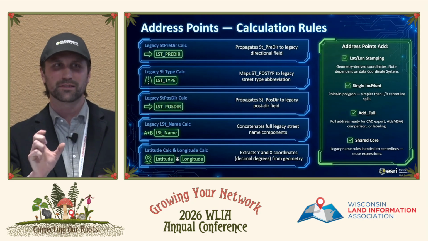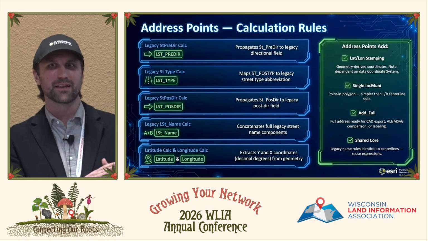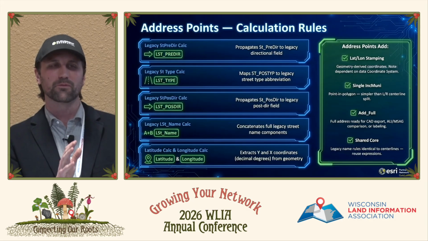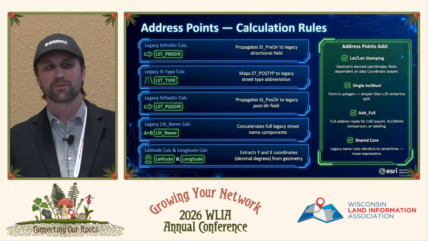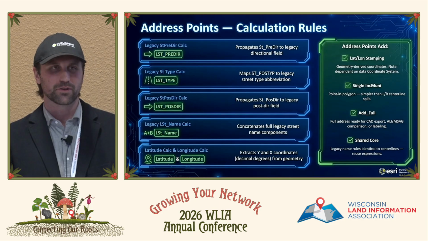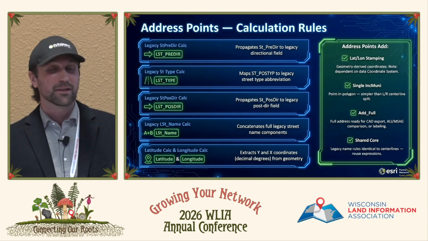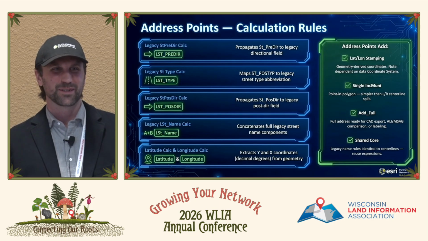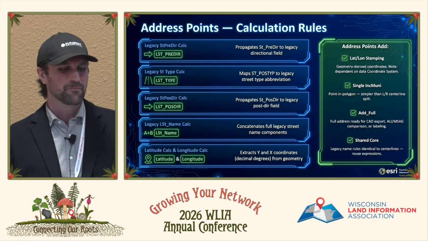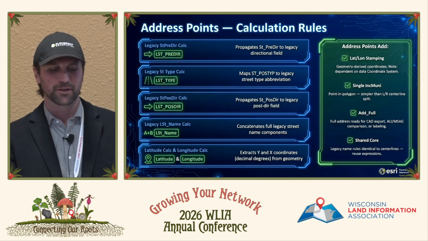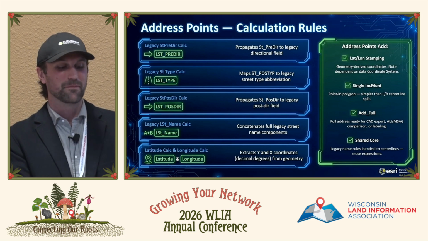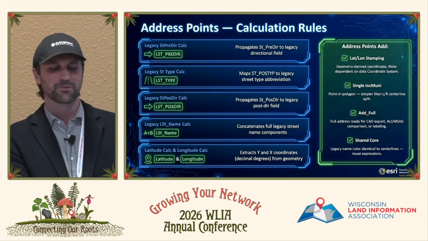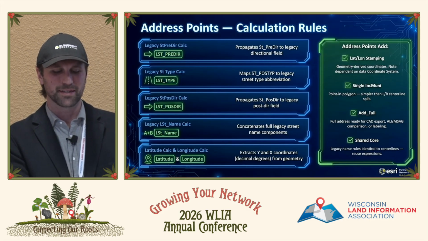Those abbreviations fall not within the actual street name in the NG911 field, so you have to write a rule that reads those other fields to then populate your legacy street name field. So it's possible. You have to make your own decision on whether or not the squeeze is worth the juice, because it does require some more configuration. As I said earlier, latitude and longitude is possible for address points, with the caveat about the baseline coordinate system.